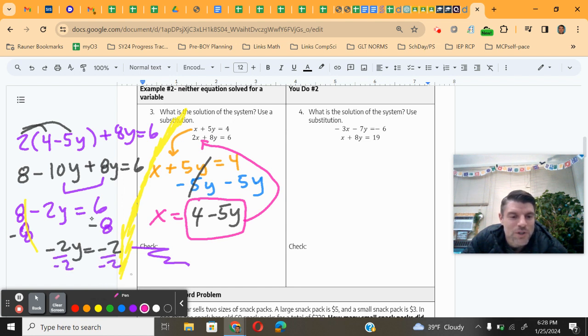Y is going to equal, oh, that cancels. Negative 2 divided by negative 2 is 1. All right, so your answer is going to now have to get plugged into here. If y is 1, what's x? X is going to be negative 5 times 1, which is negative 5, plus 4 is going to be negative 1. So you're going to get negative 1 comma 1.